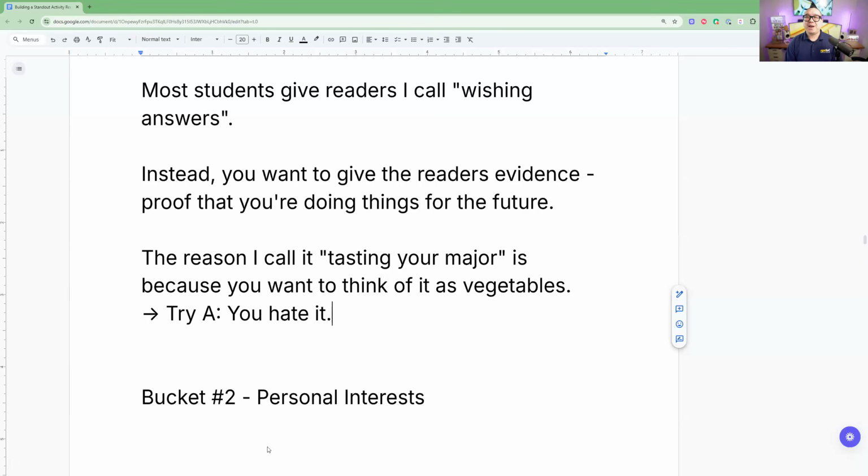If you hate it, cross it off, move on to the next thing. A lot of our students have paralysis. They're like, oh, I need to be perfect. I need my major to be perfect, then I'll figure out what I want to do. It's like saying, I'm going to get fit before I go to the gym. No, no, no. The purpose of you doing this is to figure out if you like it or not.